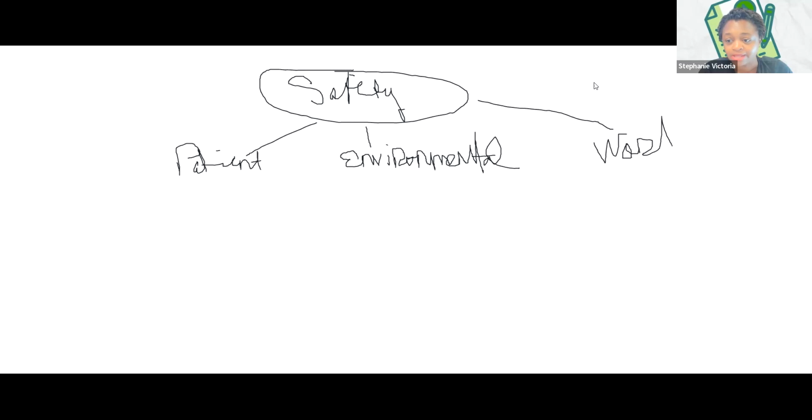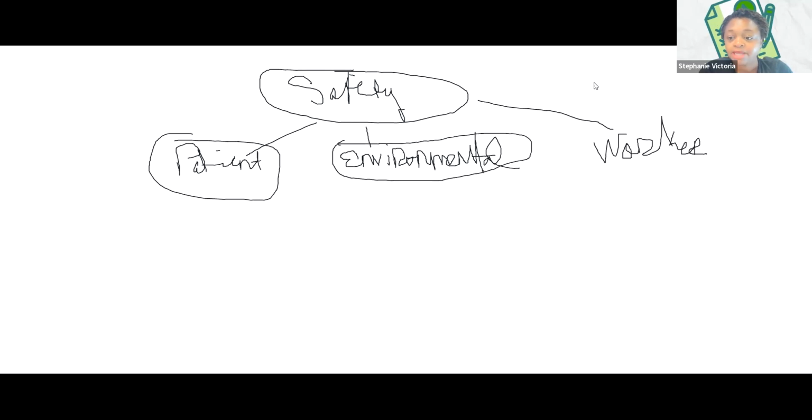So we've now had the concept of safety and we've broken it down. These could be 3 topics or sub-concepts, right? You see the umbrella. So now under worker safety, we can say body mechanics, right? Because they're certainly going to ask you about body mechanics in test questions and when you do your clinical skills.